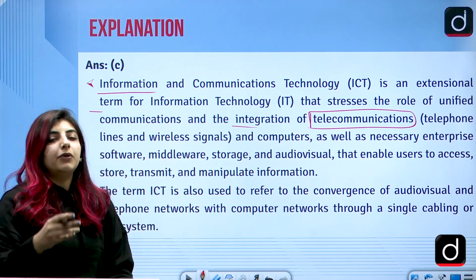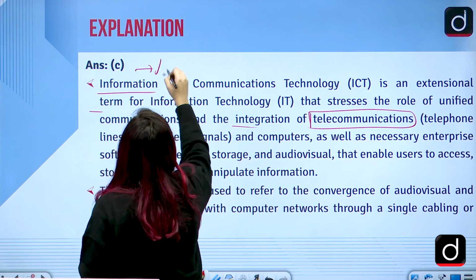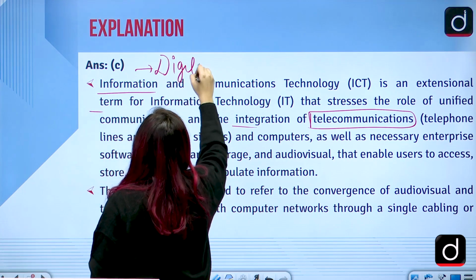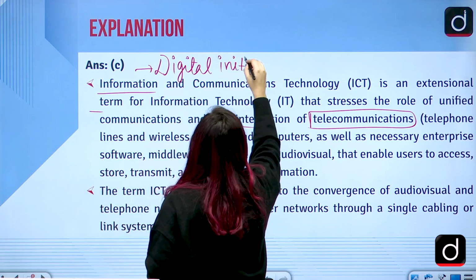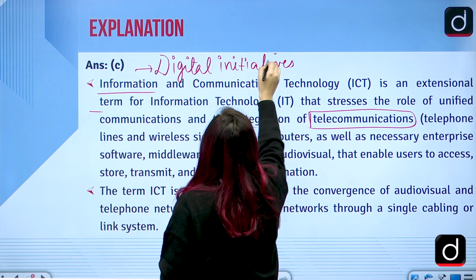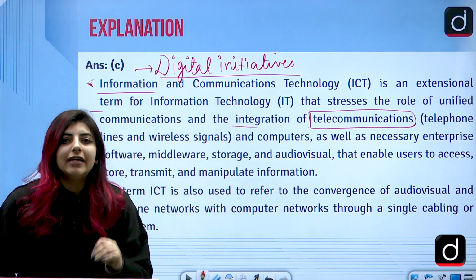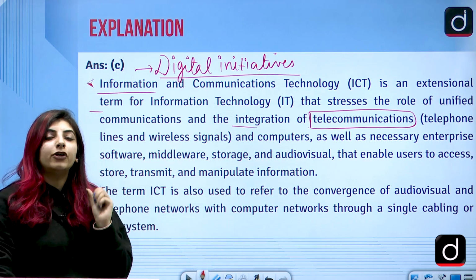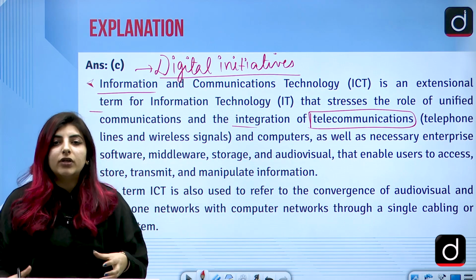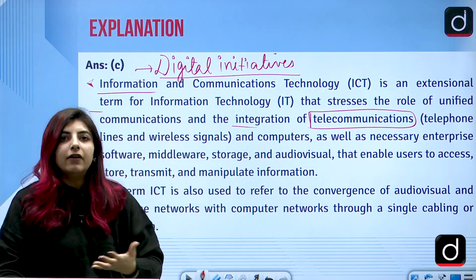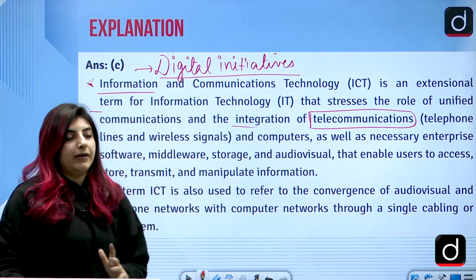Also, if we talk about the educational front and digital initiatives, we see that even in the educational field, ICT is playing an important role because it is introducing students to certain portals where they can achieve credits for studying, for the educational part only, correct?